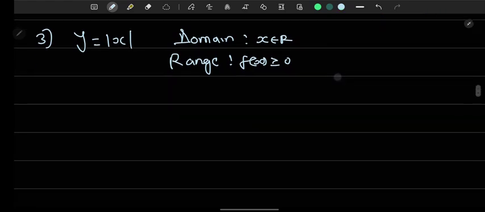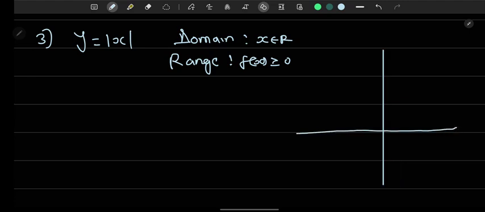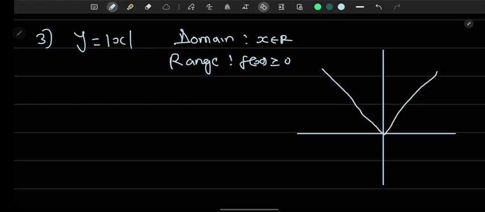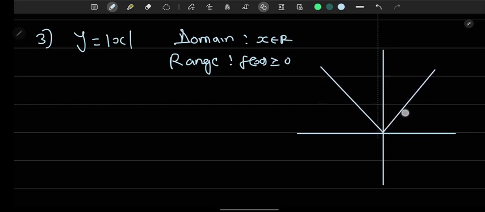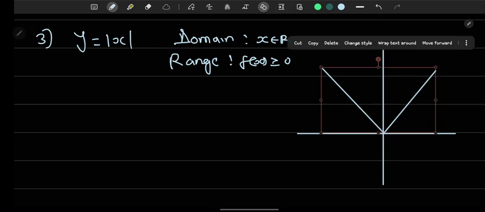So that is the meaning. And the graph of that, for students to sketch that, the parent function is like this. So this is the parent function for y equals absolute value of x.